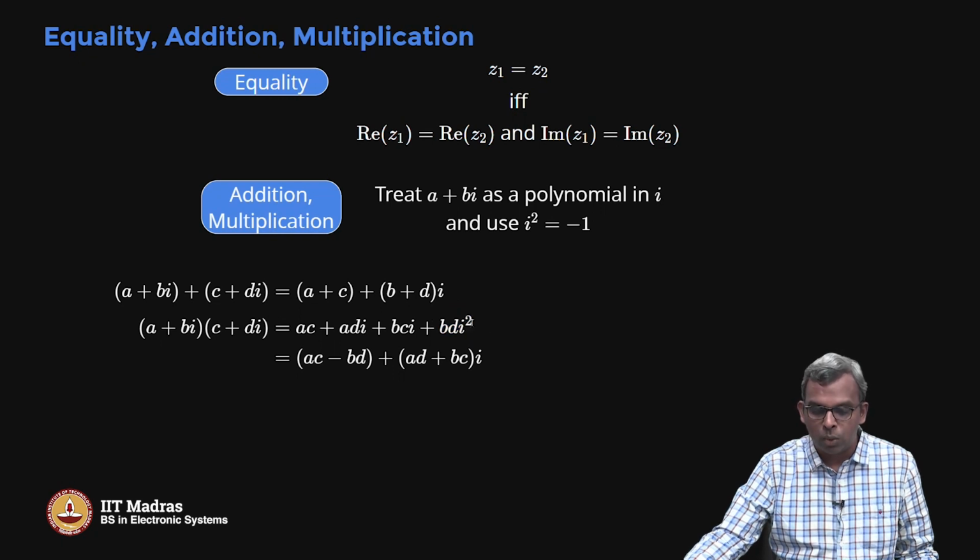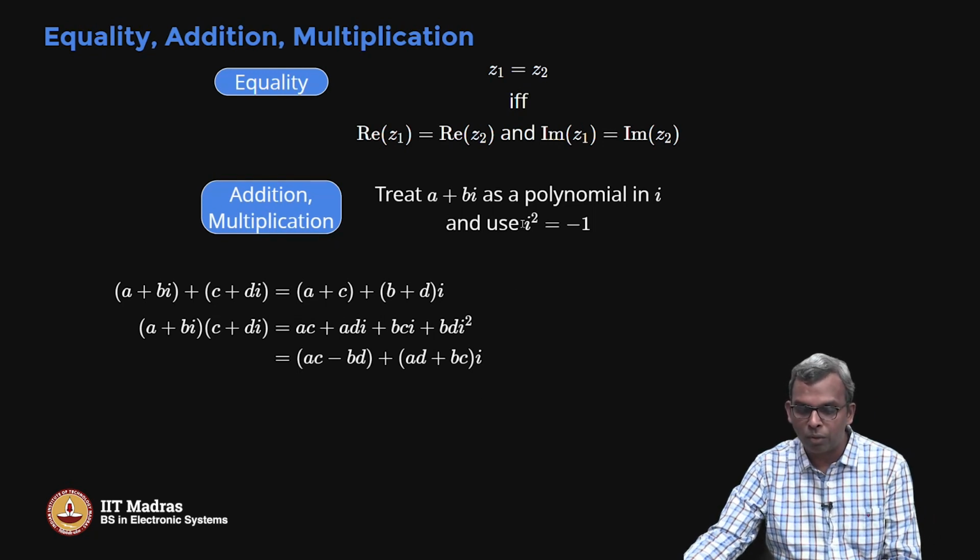This and ac are the real parts, and you can combine those two and get ac minus bd. Now these two have i in them. That's the imaginary part. So ad plus bc, times i. There's no reason to mug up this formula by heart. This multiplication just follows polynomial rules. It's very, very simple to remember, except you have to keep remembering this i squared is minus 1 always.